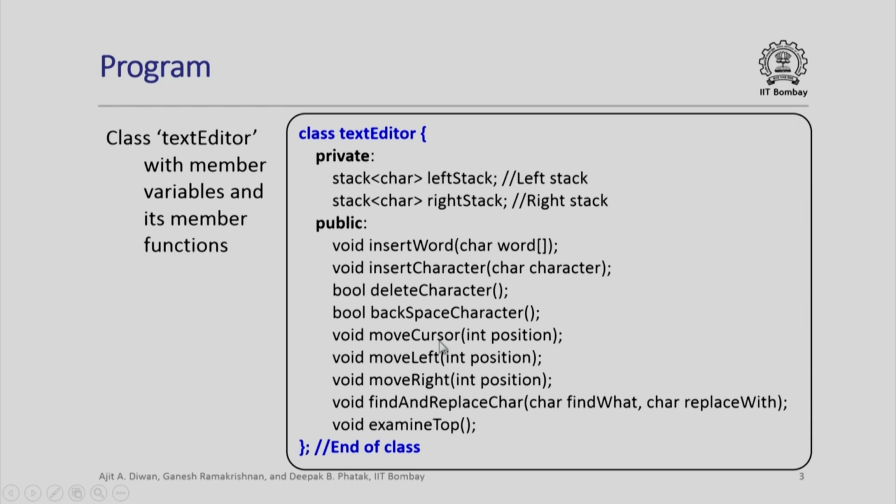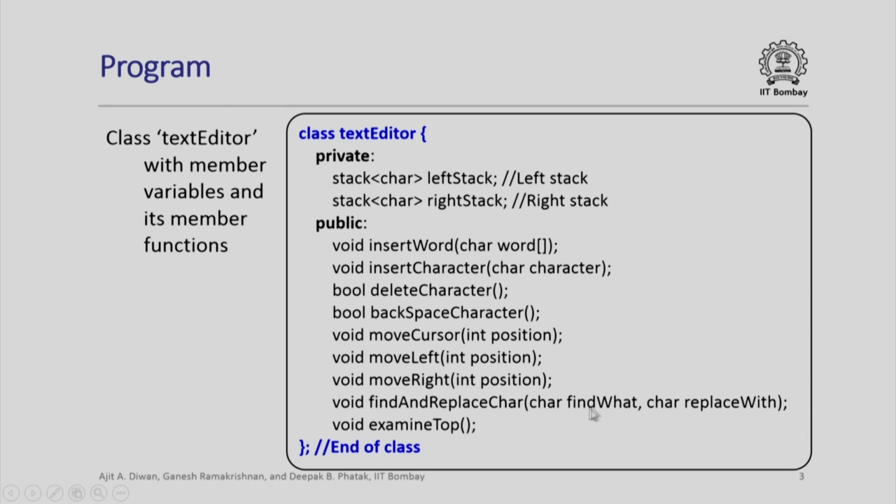We will move the cursor in a bulk number of places given a particular position. Please note that the cursor will be at a current position, we will be required to move it to the indicated position. Since this is a bulk movement of the cursor, we will be implementing it using two simpler functions, move left and move right. The find and replace char is that special function that we had discussed in the last session, and we will see how this particular function is implemented.